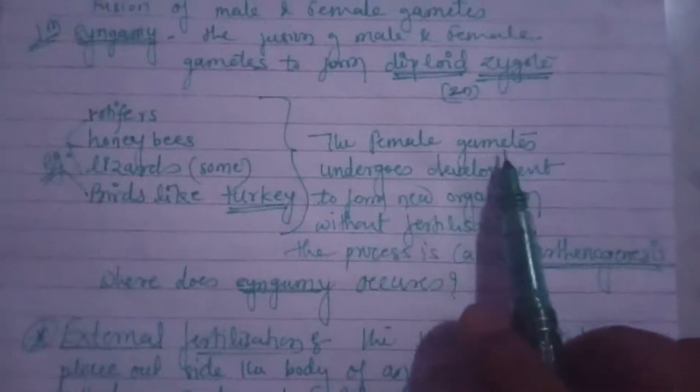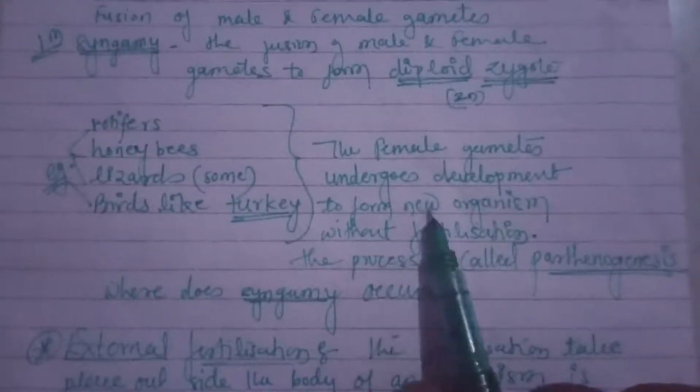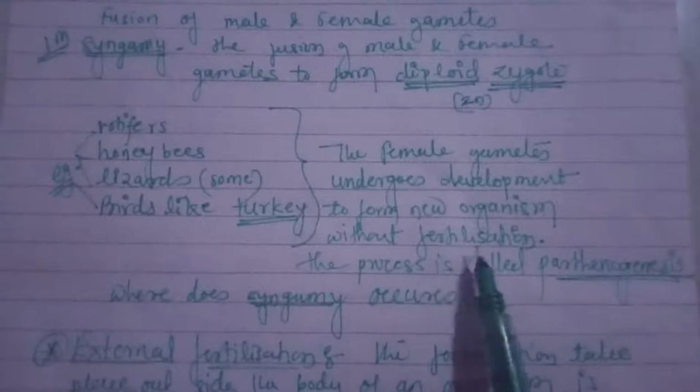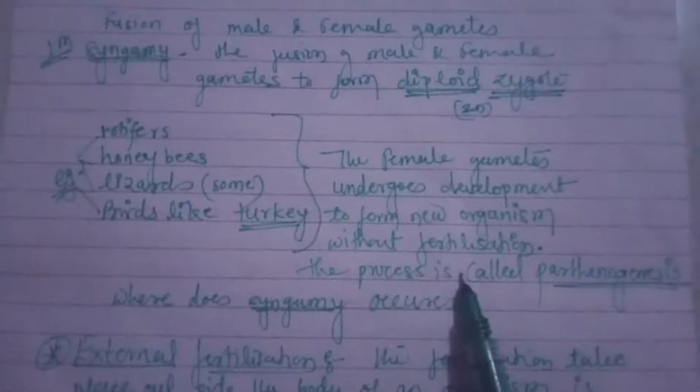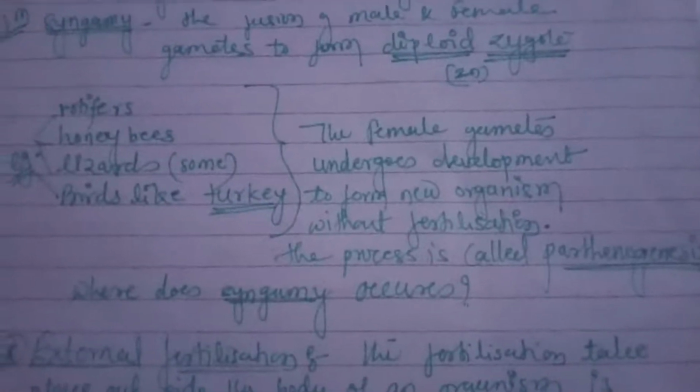The female gamete undergoes development to form a new organism without fertilization. This process is called parthenogenesis. You have to write this if the definition is asked: the female gamete undergoes development to form a new organism without fertilization. That process is called parthenogenesis, right?